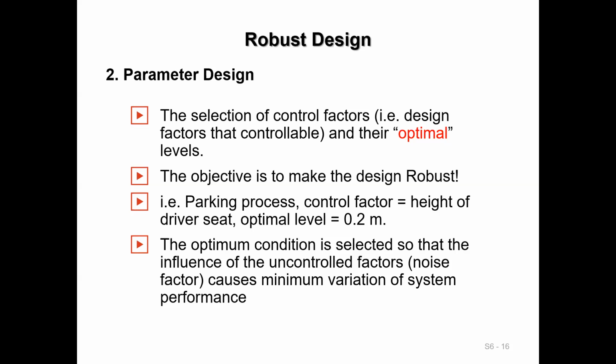We are not going to control the environment temperature. Sometimes the weather, raining day or sunny day, may have an impact on the parking positions, but we're not able to control it, therefore that is an uncontrollable factor. We're only interested in the controllable factors, okay?